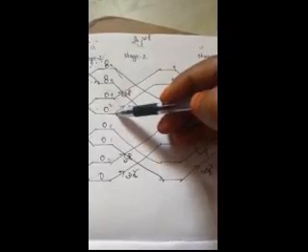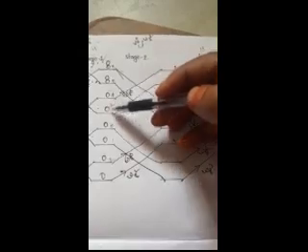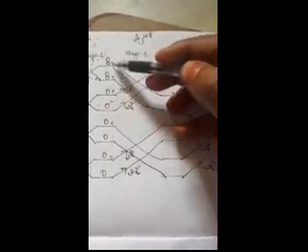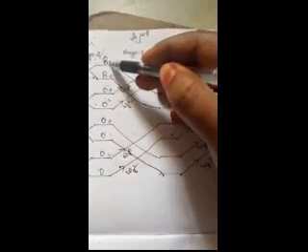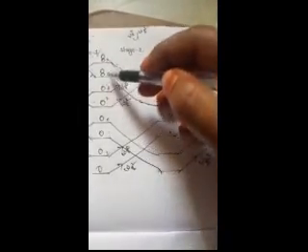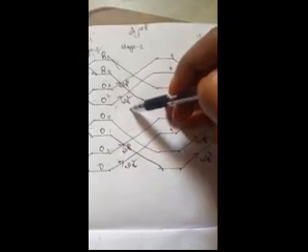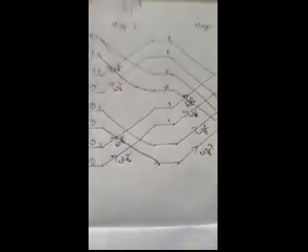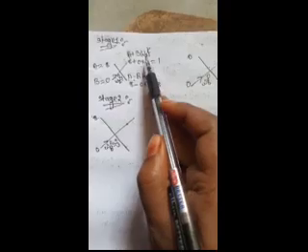Next, see the outputs for stage 2. The inputs for stage 2 are 8, 8, 0, 0, and four zeros. See the first butterfly, the inputs are 8, 0 and the twiddle factor is W8 of 0. And the second butterfly is 8, 0 and the twiddle factor is W8 of 2. For the first butterfly, we find A plus B Wn of k.